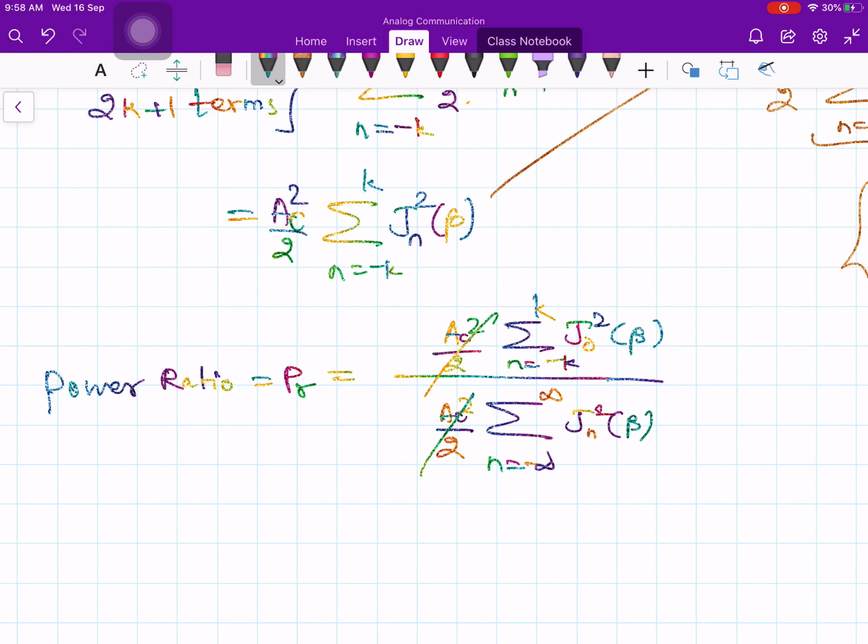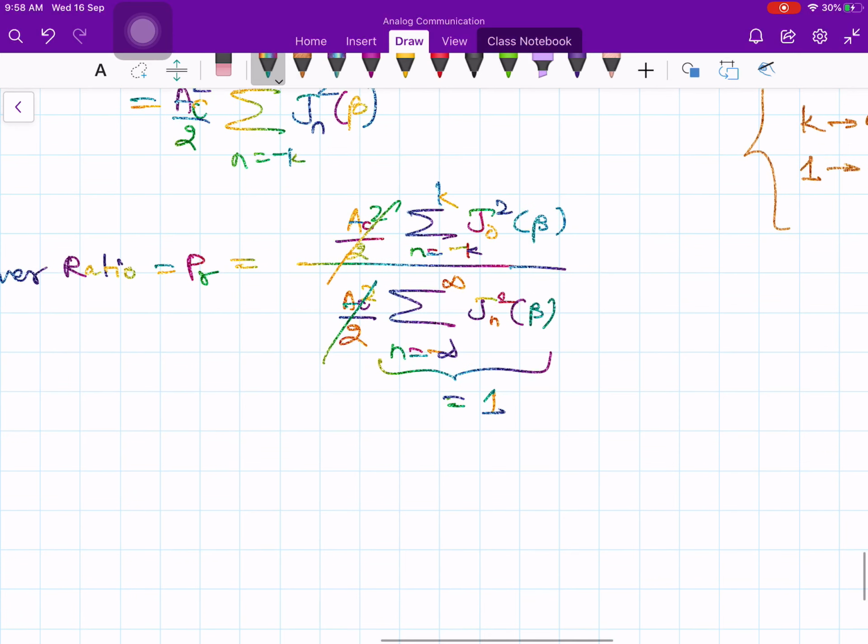What is this value? As I said, this value is equal to 1, right? Therefore the power ratio is sigma n is equal to minus k to plus k Jn squared of beta. Why is it equal to 1? This we already proved in the previous class. Go through that.